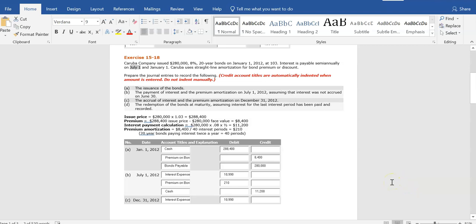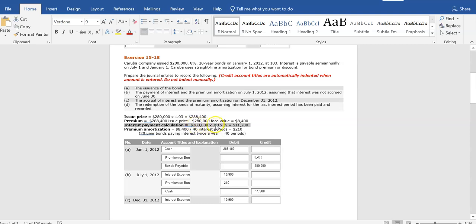So on July 1st, we need to record how much interest should be paid to the bondholders. The bondholders were told they would be paid 8% interest based on the face value of the bonds. So if we take the face value of $280,000, multiply it by the stated interest rate of 8%. If I stopped calculating there, that would give me interest for a full year.